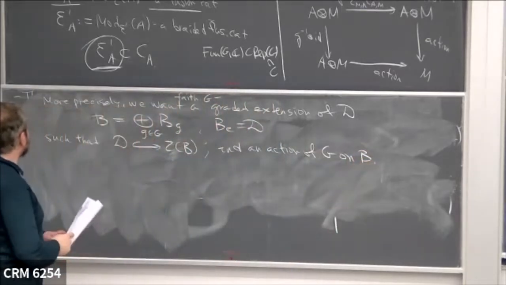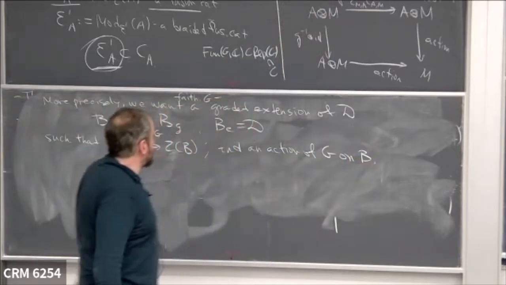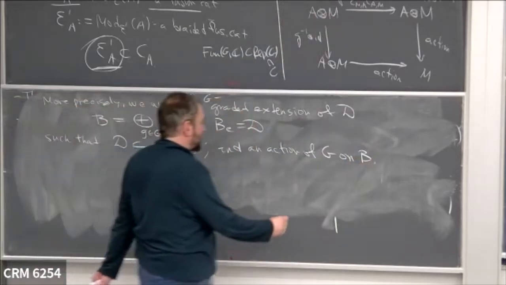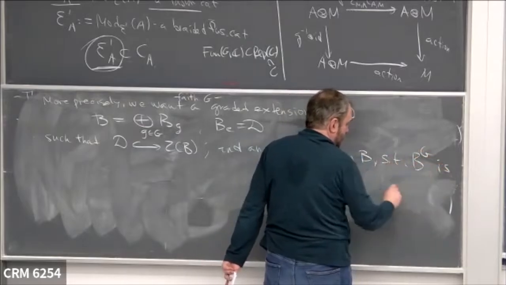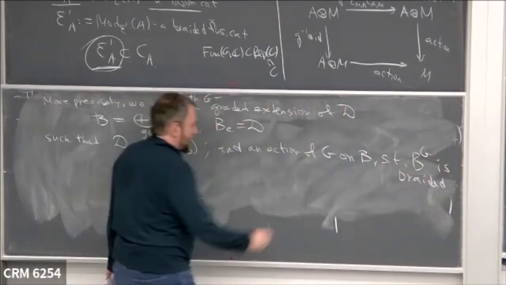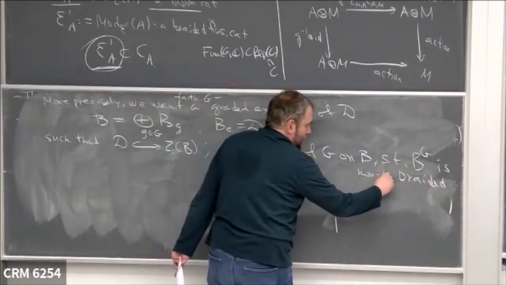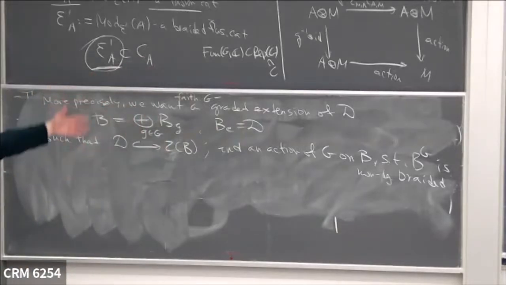That's also what we had. This category is acted upon by the group G, such that the equivariantization is braided, again non-degenerate braided. So again, I did not do anything new. I just tried to reverse the steps that were taken when we constructed the core of the category.